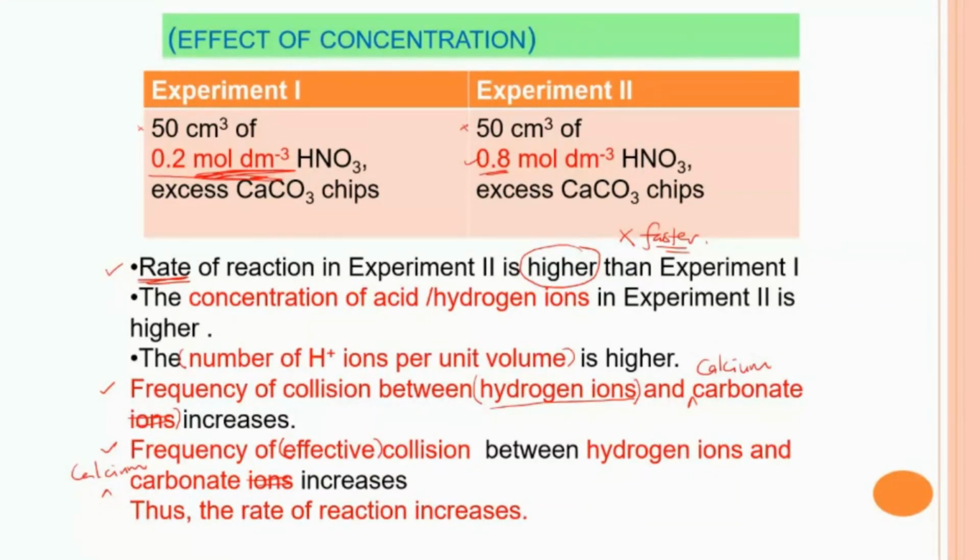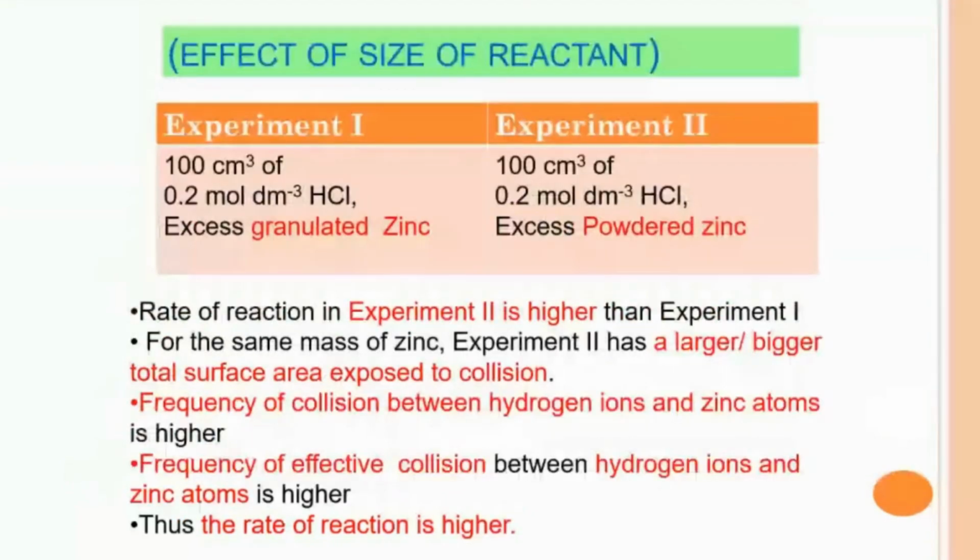So this one is for the concentration factor. Then size. How do you know the size? You will see words like powder, another one like granulated. You can differentiate, the powder one will be smaller size.